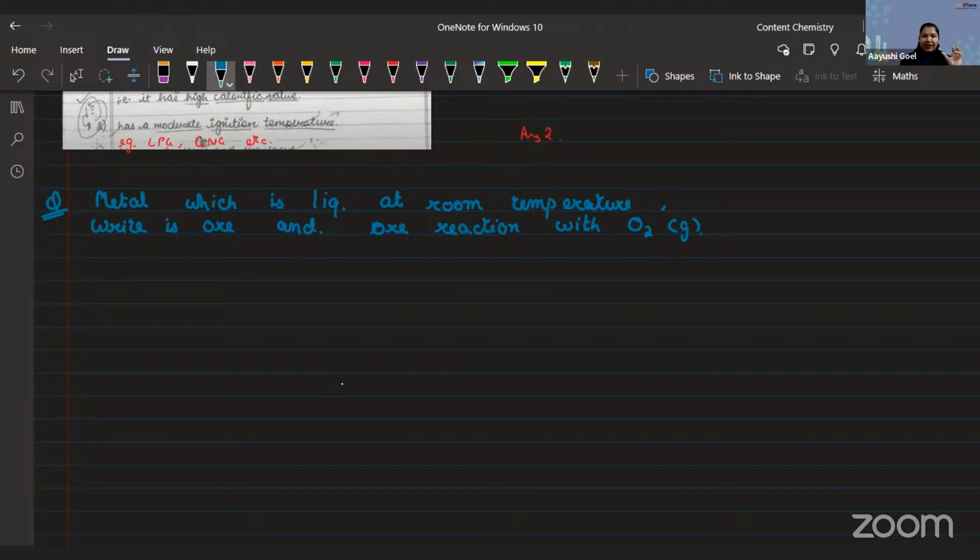Okay. I know that the metal liquid at room temperature is mercury. So the first answer I know. So how should I get the full marks? Because I don't know the ore name or the reaction with oxygen.